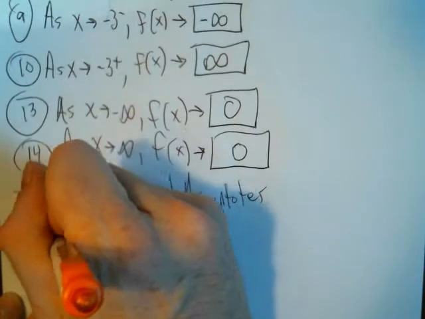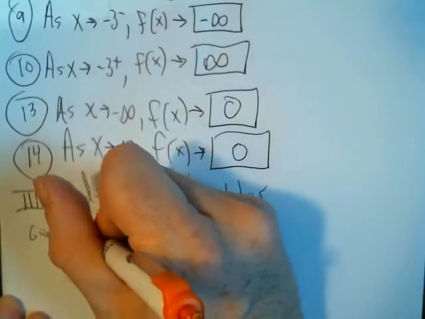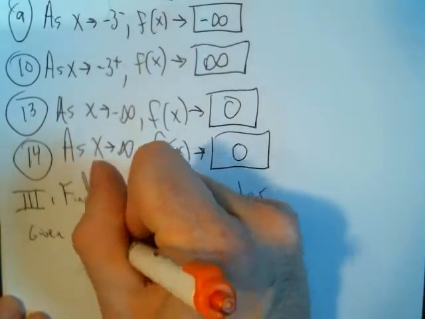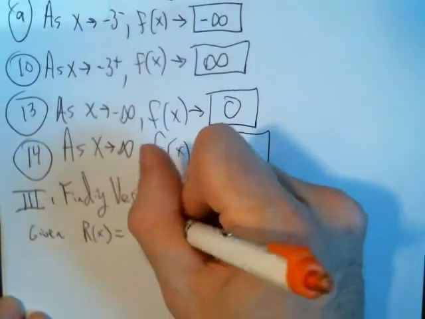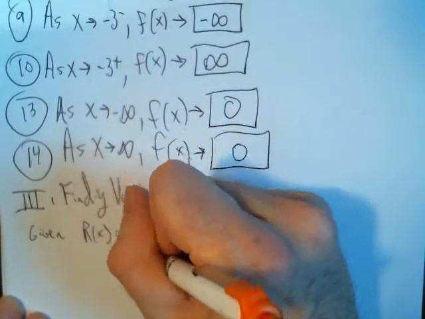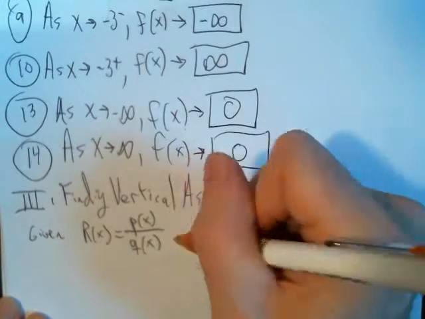And again, we're given this rational function, we call it r of x, equals p of x over q of x. So again, it's a ratio of polynomials.